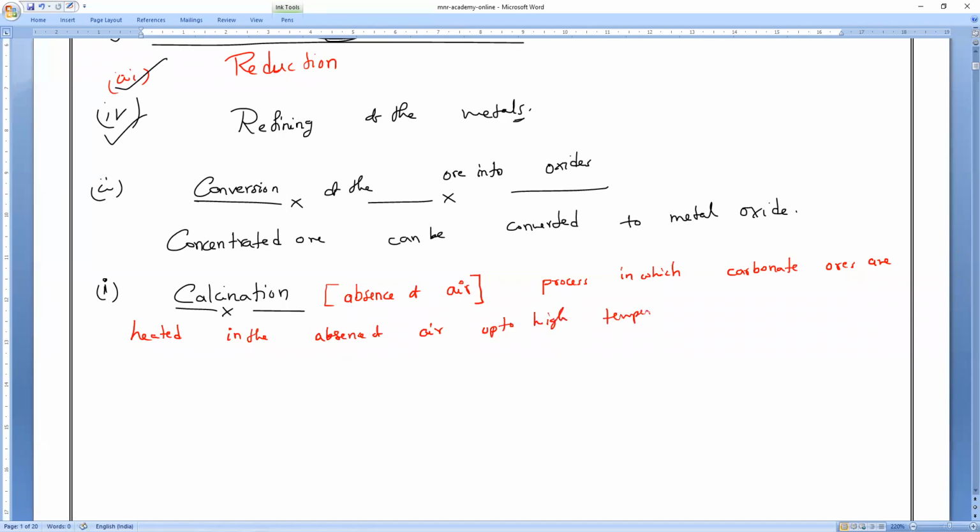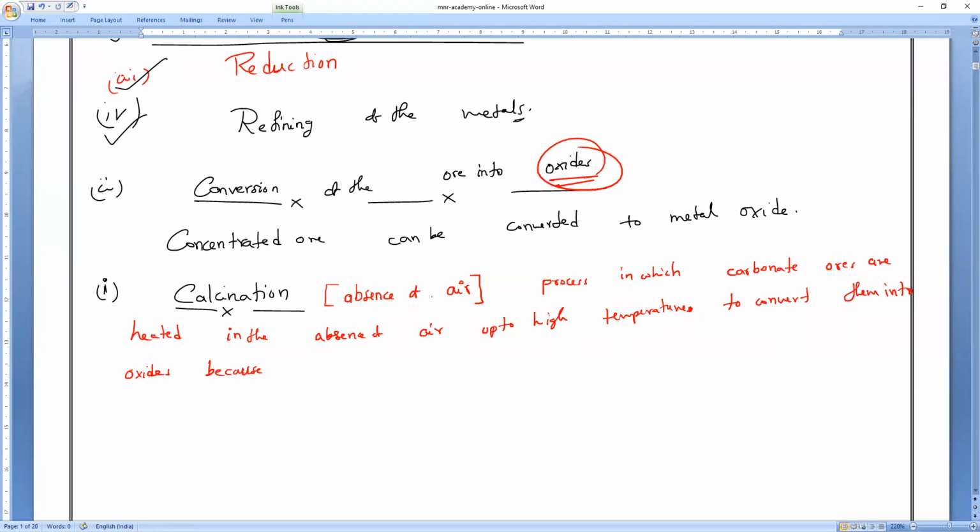Again, we will repeat this many times in these concepts. Up to high temperature to convert them into what, guys? Carbonates will be converted into what? What is our target? Oxides. Why, sir? Why do we need to convert it?